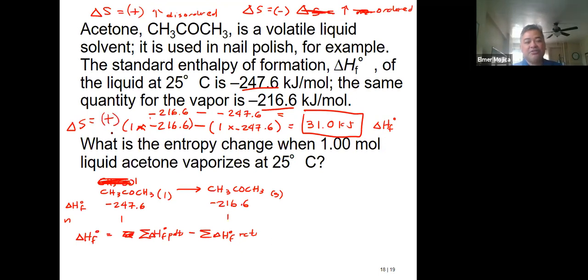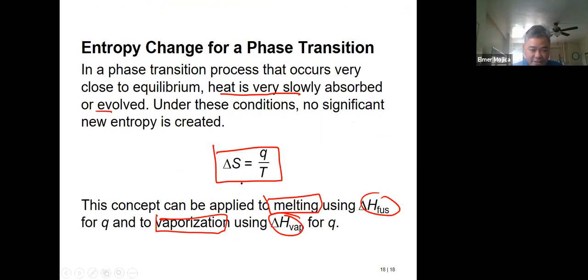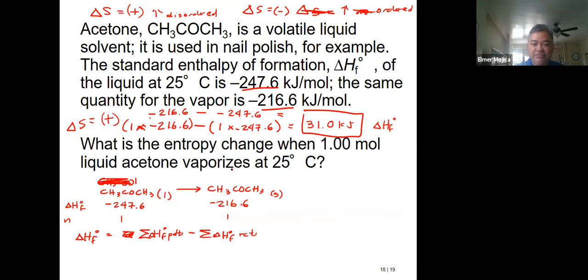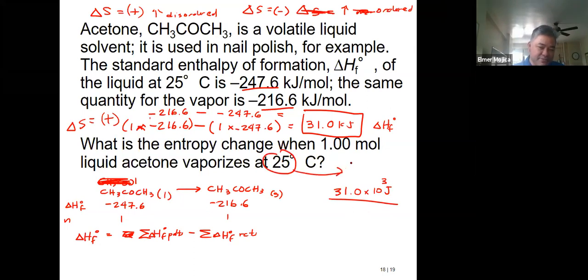Now, how are we going to use that? If you're going to look at this Q that we have here, that's the delta H that we're going to use. So we have the 31, that's in kilojoules. So we could say that's 10 to the 3 joules. And then you divide it by 25, converted to what? Kelvin.